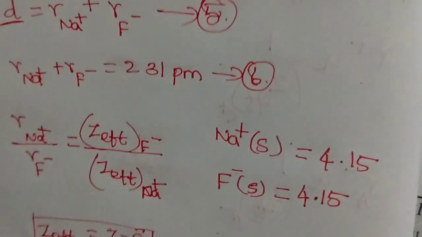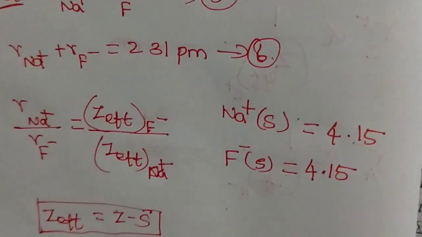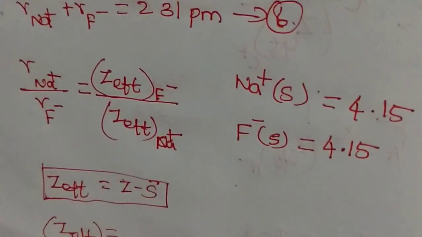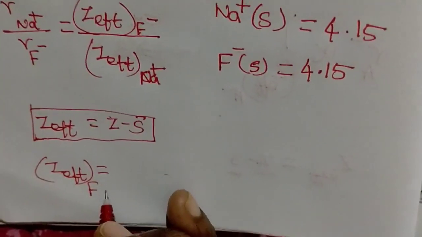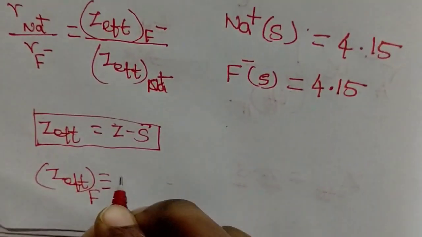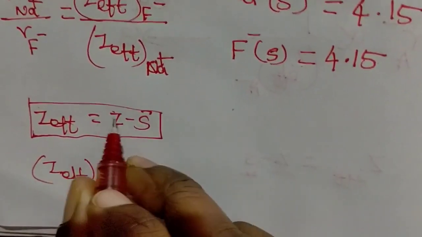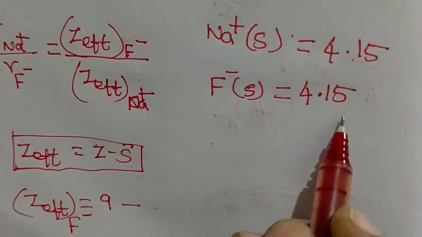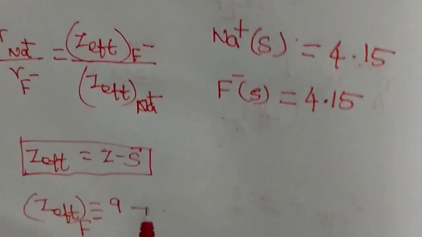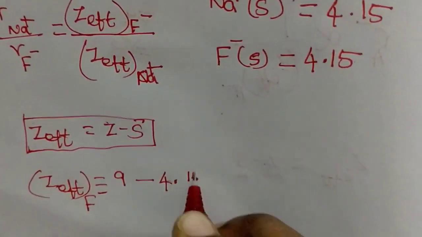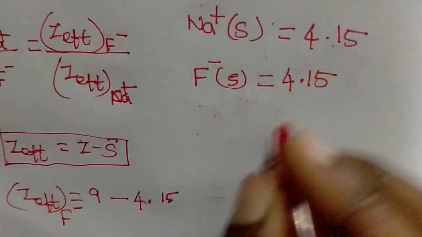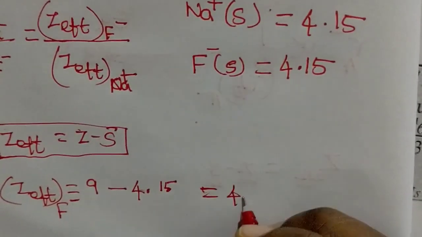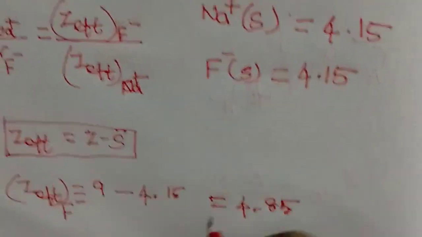So apply these values in the effective nuclear charge equation. What will you get? What is the atomic number of fluorine? It is 9. So 9 minus the S value for fluorine, 4.15. What is the answer? 4.85.